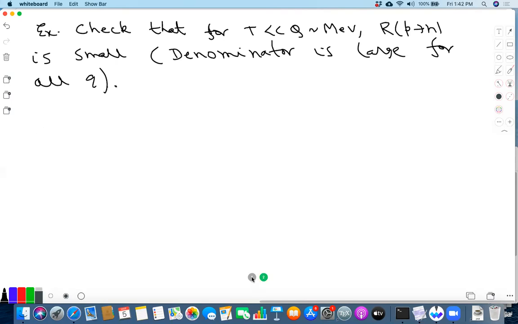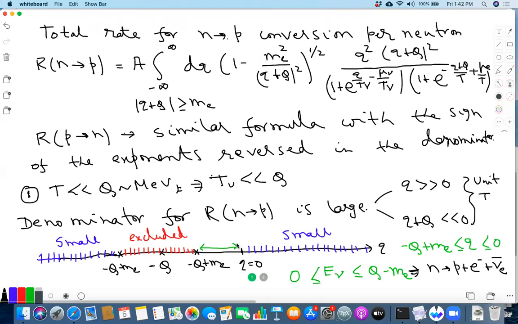And it's not perhaps very hard to see, because now what's going to happen is that instead of excluding the positive Q range, because the signs have changed, you will exclude the negative Q range, because the integrand is small in that region.